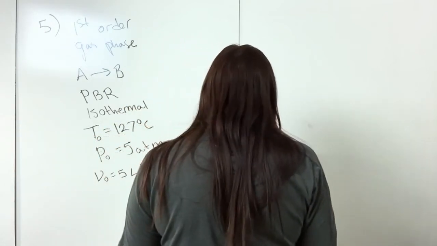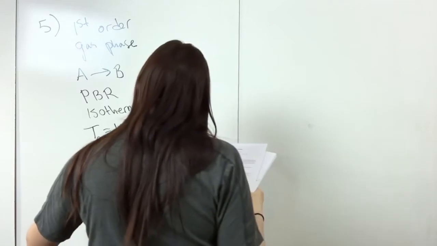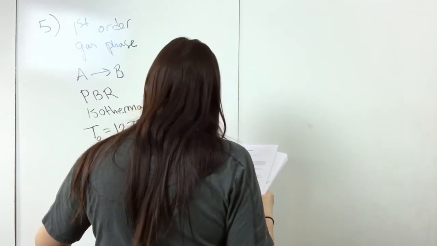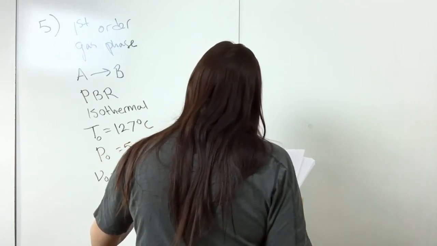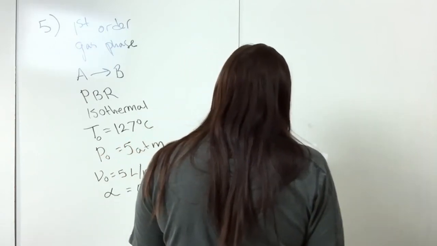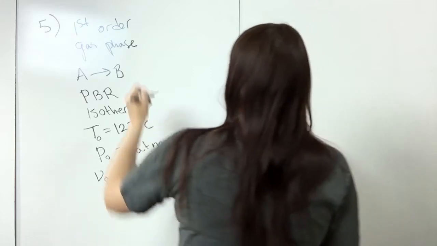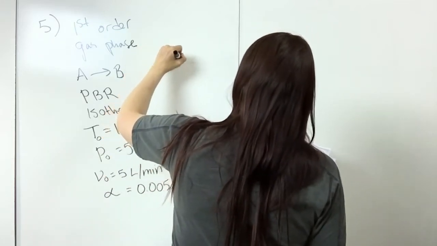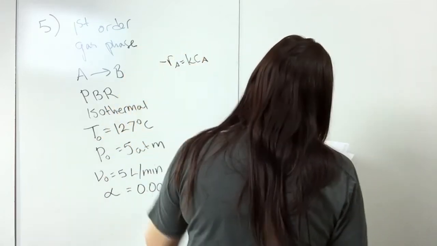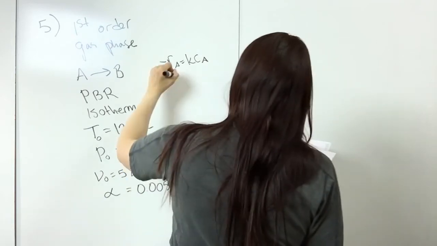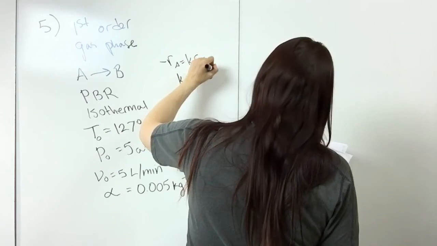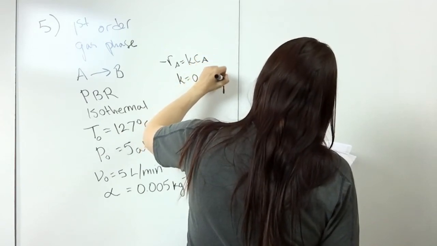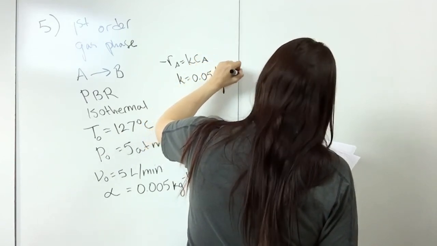The pressure drop parameter alpha is 0.005 kilograms^-1. The reaction rate is given by minus Ra equals K Ca, and it gives K is equal to 0.05 liters per kilogram catalyst per minute.